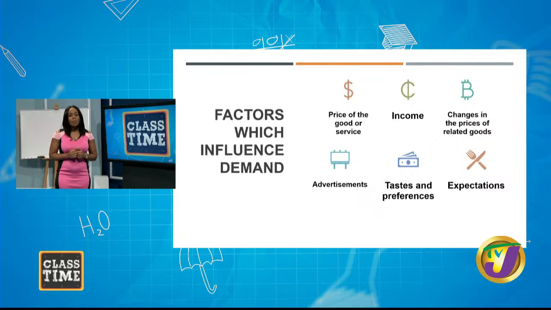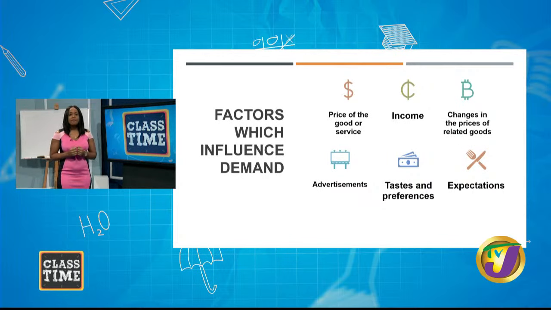And then there are complements. Complements are goods that go well together. So when you think about your lunch at school, what two things do you generally purchase together? Are you a patty and cocoa bread person or bun and cheese person? Now, those are examples of complements.